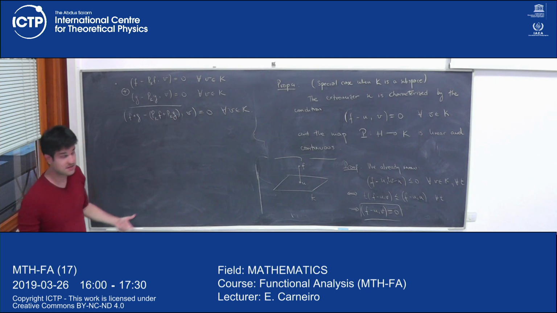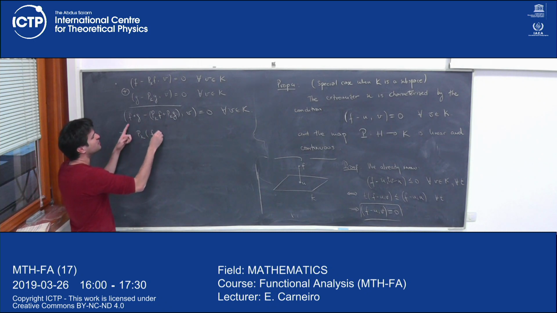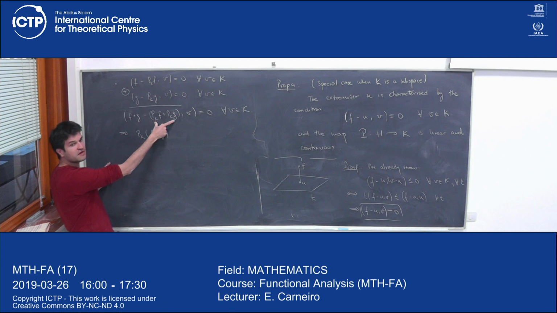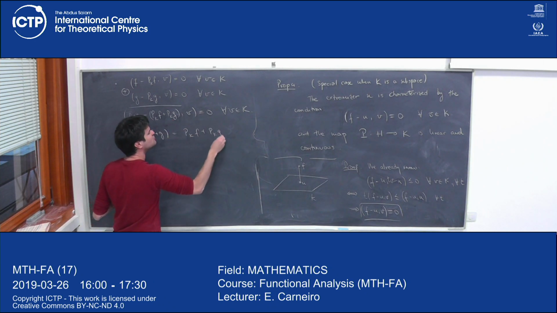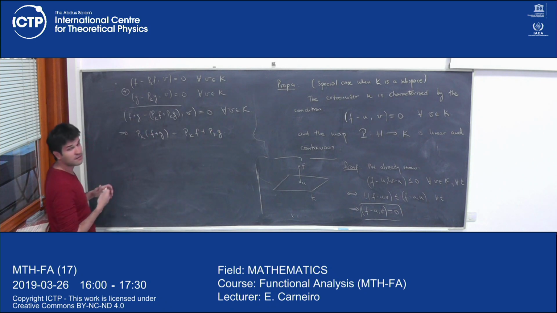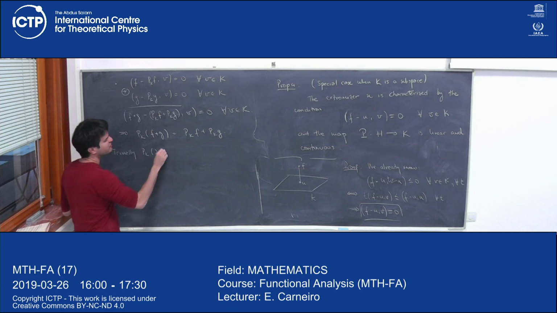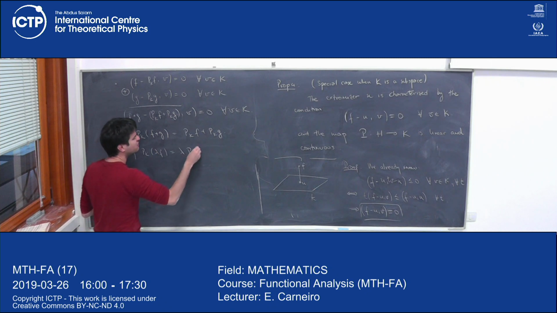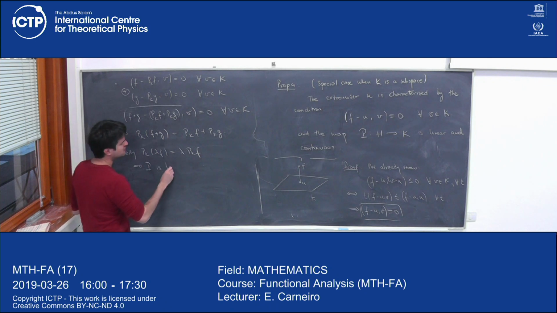We already proved that. So this implies that P_K of f plus g, which was the unique vector that verified this, is actually equal to P_K of f plus P_K of g. Alright? This is one. Well, trivially, you also get that P_K of lambda f is lambda P_K of f. Therefore, the map P is linear.